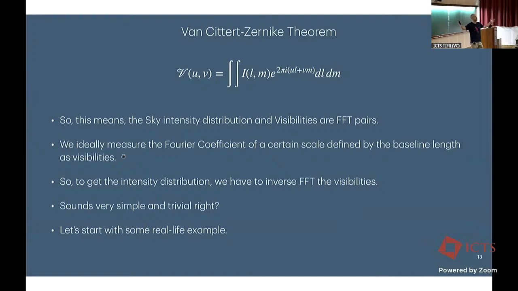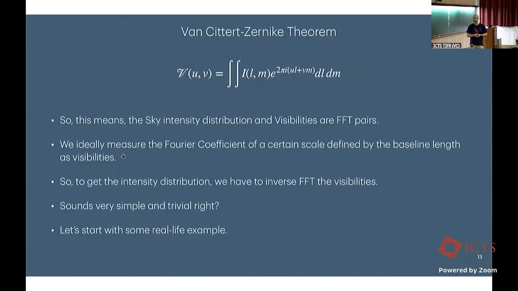So different baseline lengths measure different parts of our source on the sky. Short baselines see the larger structure. Long baselines are only sensitive to point sources. And if we want to get our intensity distribution on the sky back, all we need to do is an inverse Fourier transform of our measured visibilities, and bam, we're done.